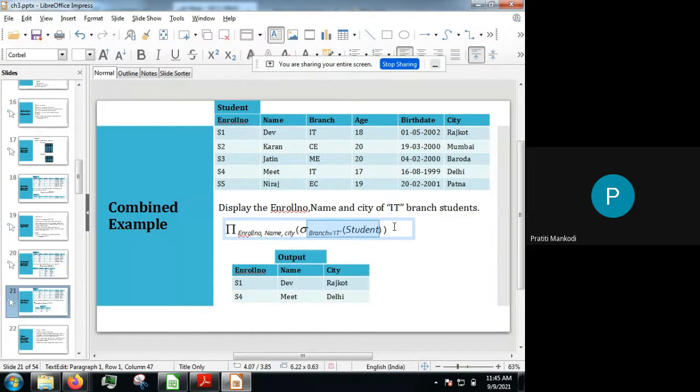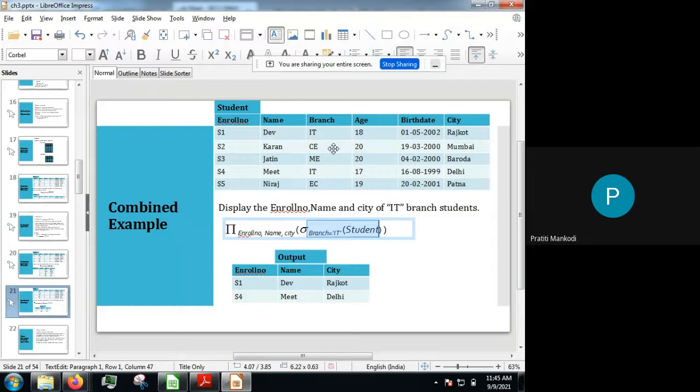Am I clear? From that intermediate result, I don't want the entire row data. I want only 3 attributes to be displayed. So from the entire 6 columns, only 3 columns are projected and given as an output. Is it clear?